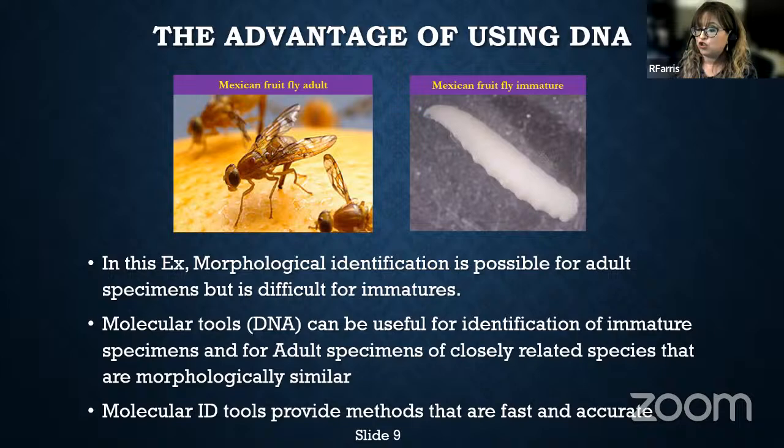These molecular tools, and when we say molecular, it's because we're relying on DNA, provide us with methods that are fast and accurate. There's a saying you've probably heard, that DNA doesn't lie, and that is pretty much true. It's going to be a straightforward answer, whether it is or it isn't a certain species.